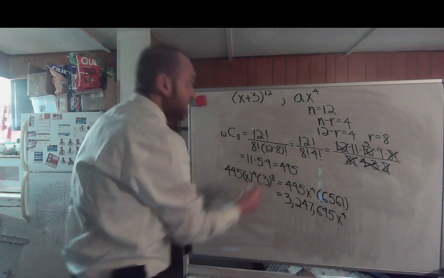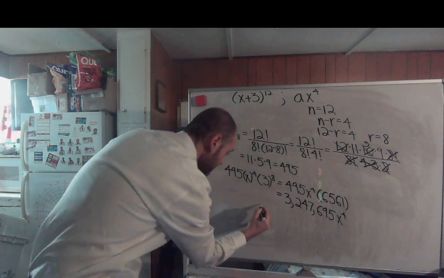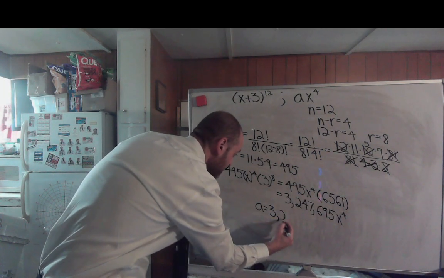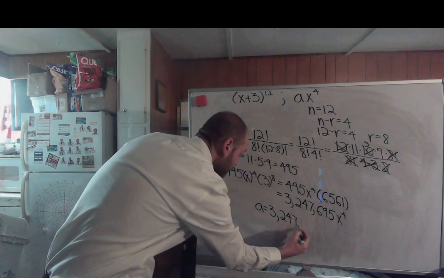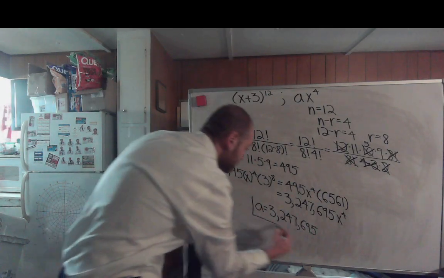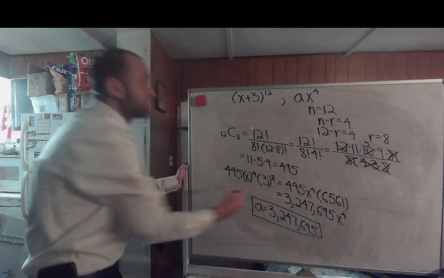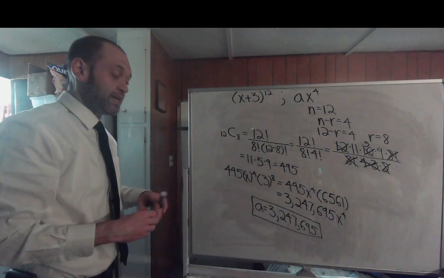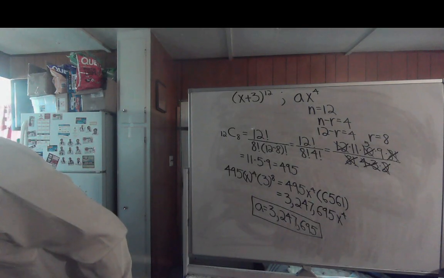So that means that a is just the coefficient on the x to the 4th term. That means a equals 3,247,695. That would be your answer for the coefficient on the x to the 4th term. A very large coefficient, but that's exactly what it is.